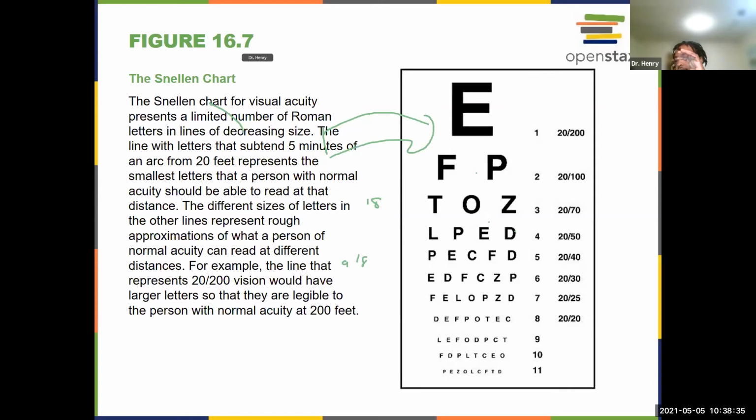We know that effects of that cranial nerve could affect aspects of our periphery, so our peripheral vision.